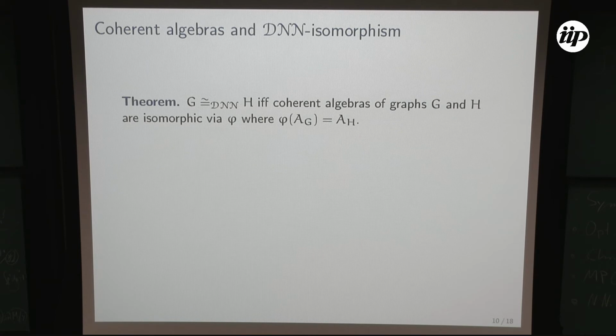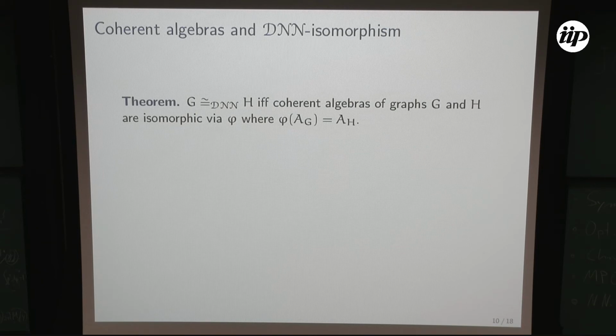But now specifically for DNN-isomorphism, it turns out that this characterization is provided by algebras of graphs. These are algebras that are well known in the literature. We were able to show that two graphs, G and H, are DNN-isomorphic, so there exists this DNN-isomorphism matrix, if and only if the coherent algebras of the two graphs, G and H, are isomorphic via some isomorphism which maps the adjacency matrix of one graph to that of the other.